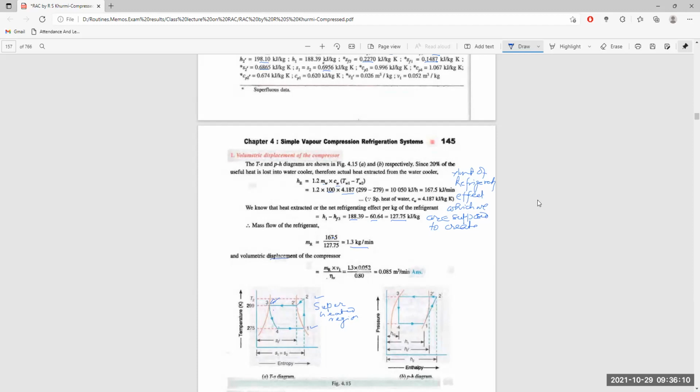It can be governed by the mass flow of refrigerant multiplied by the specific volume of the refrigerant divided by the volumetric efficiency. These two are given, and that is 0.85 cubic meter per minute.